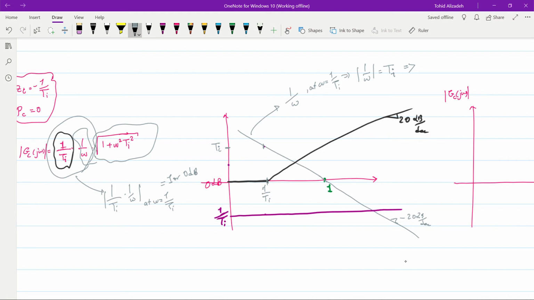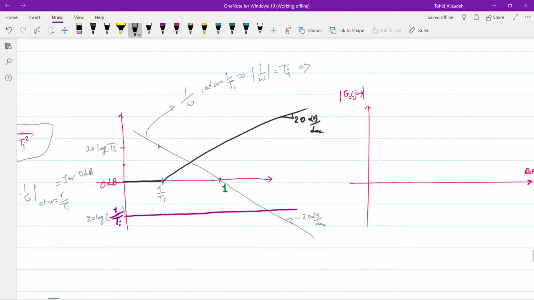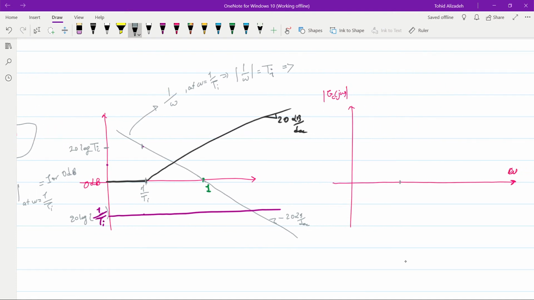Or we can say that it's equal to 20 log of Ti in terms of decibel, and here we will have 20 log of 1 over Ti, which is minus 20 log of Ti. And as a result, at that frequency we will have 0 dB, but before that, we will have the slope of minus 20 dB per decade.